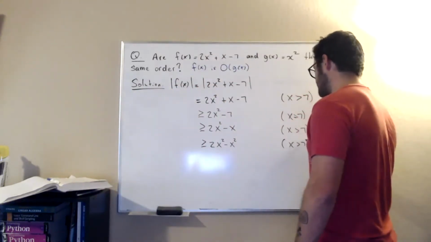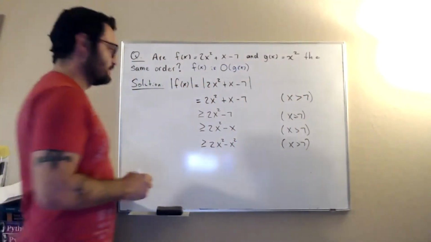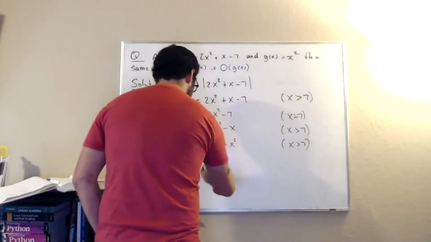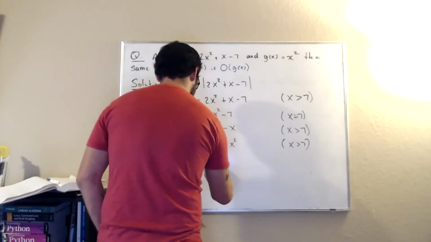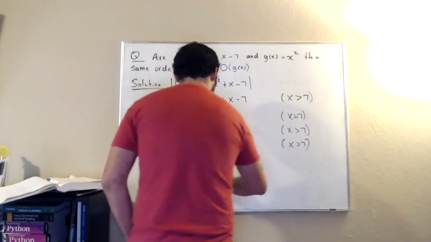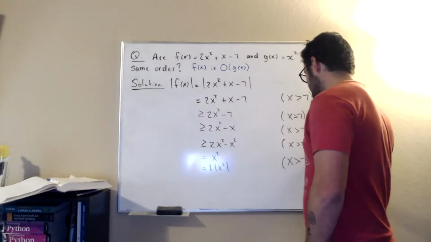Again, we're assuming x is greater than 7. So now we just combine like terms, and we just get x squared. That's just equal to 1 times the absolute value of x squared, again assuming x is greater than 7.